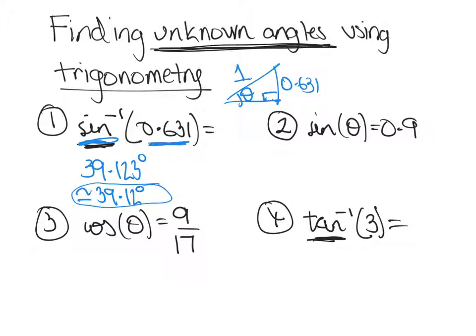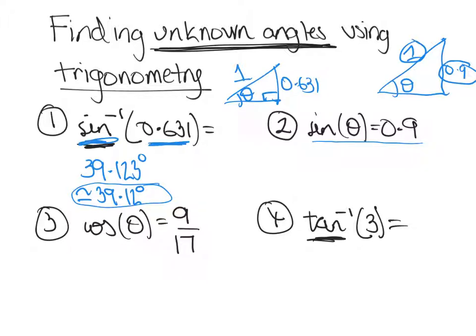Now what happens if you have one like this? Sine of theta is equal to 0.9. Now if you imagine a triangle here with an unknown angle here, and the opposite side is 0.9 and the hypotenuse is 1, well, sine is the opposite divided by the hypotenuse. Here's the opposite side, here's the hypotenuse, that is 0.9 divided by 1.